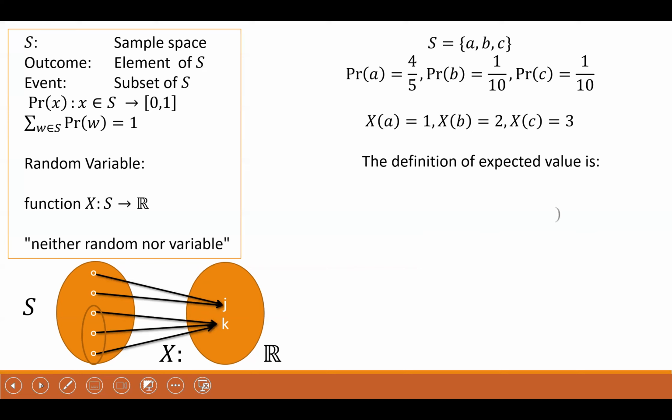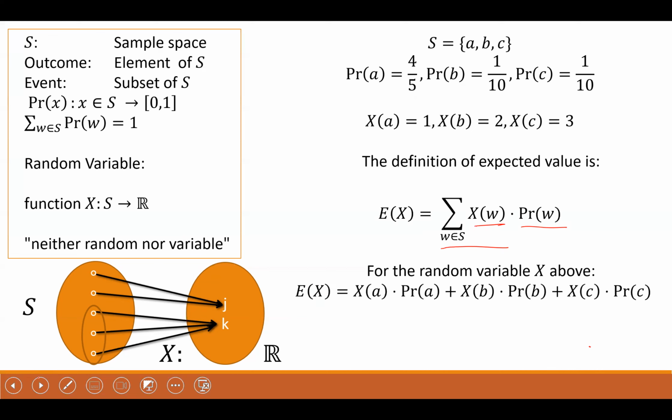So our official definition of expected value for a random variable X is: I take all of the possible outcomes and the values that it gives my random variable X times the probability of that outcome. In our example, this looks like the value of X given A, which is 1, drawn out explicitly here.